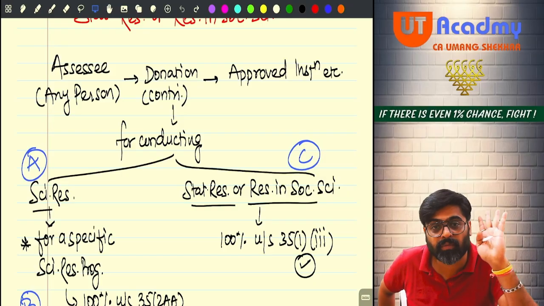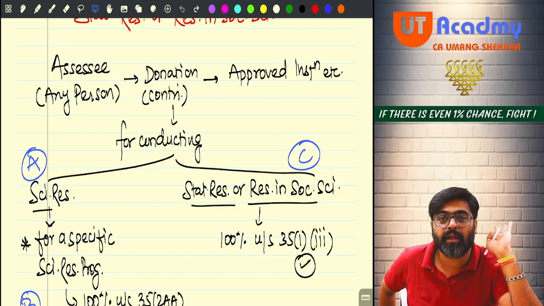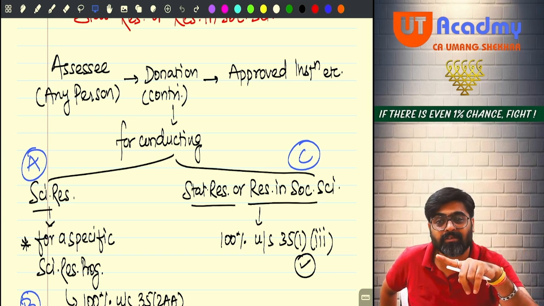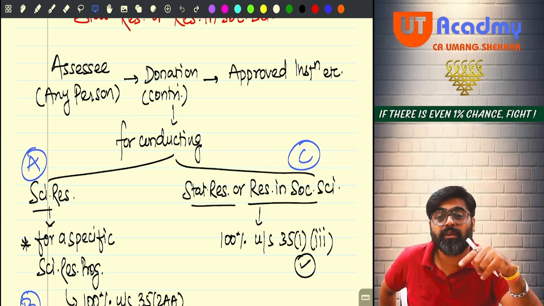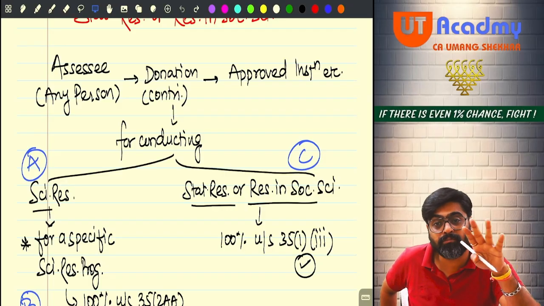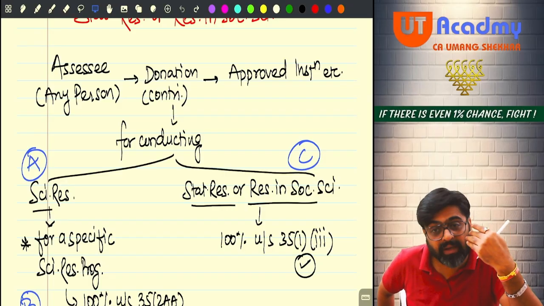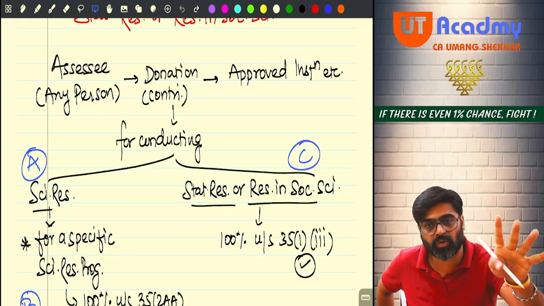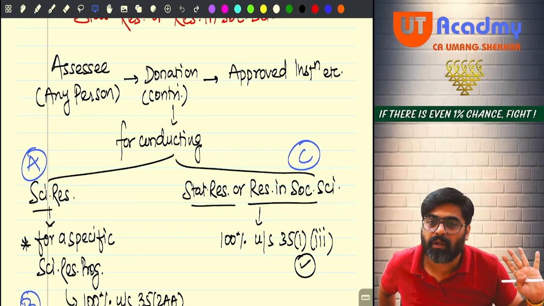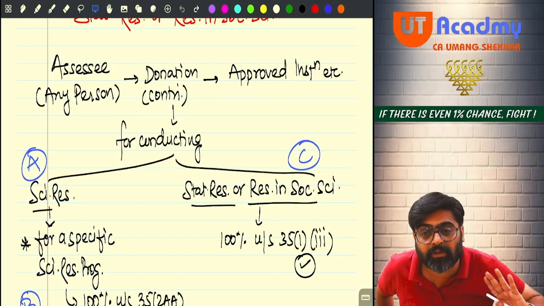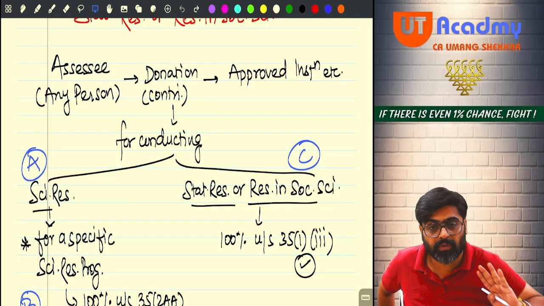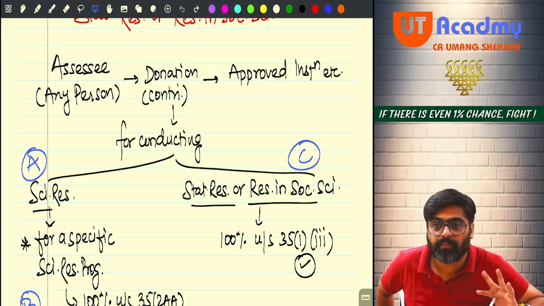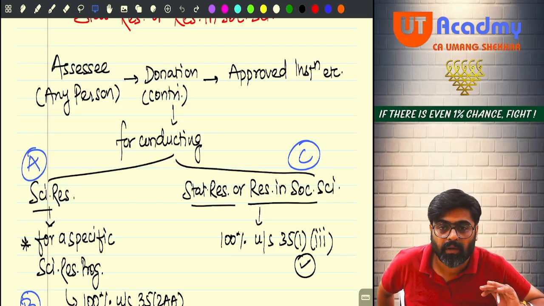Deduction you will have to give me. Getting my point? Because this section says that the donation is made to an approved institution, meaning that at the time when I am making the donation, at that time it should be approved. And at that time it was actually approved, so I'm going to get the deduction. Later on, even if the approval of this institute is withdrawn, it will not affect my deduction. I will still get the deduction. Getting my point, sir? Hello, sir.